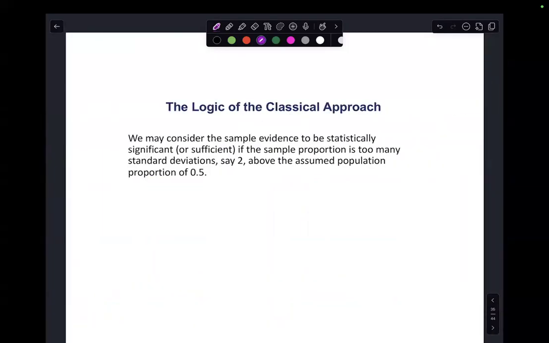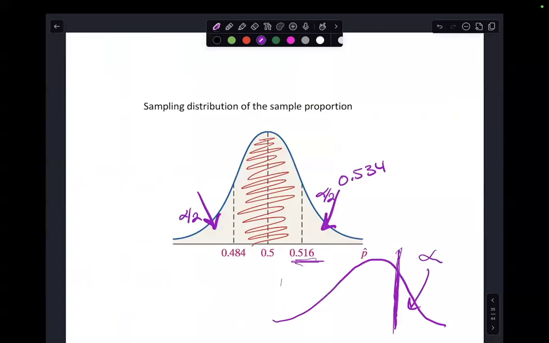So these are two different ways that we're going to determine whether our hypothesis test fails to reject or rejects. In this case, we're not going to do one standard deviation; we're going to talk about different alphas. One way we do this is to check if something is too many standard deviations away from our mean. Here, my confidence interval was one standard deviation away from the mean. So if I have a value that's more standard deviations away than the edge of my confidence interval, then I would reject it.